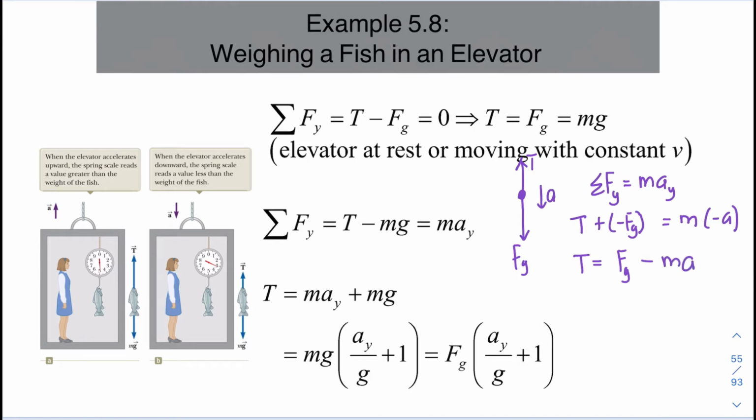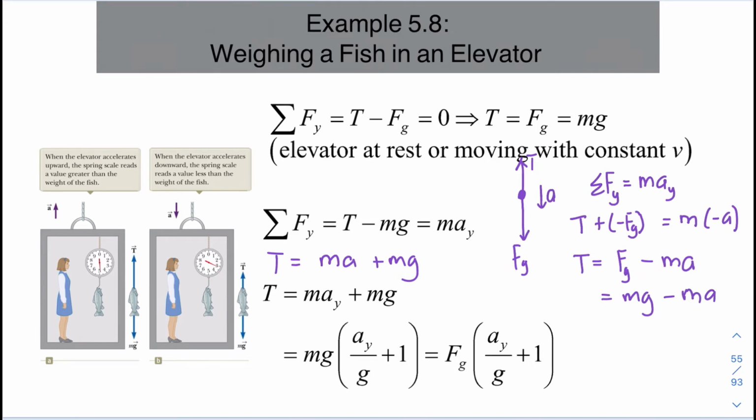Alright, so what does that mean? In this case you have T equivalent to mg minus MA. It means that whenever the elevator is moving downward, the apparent weight, the T, the reading of the weighing scale, will be less.